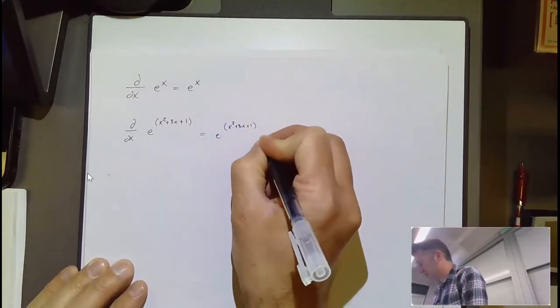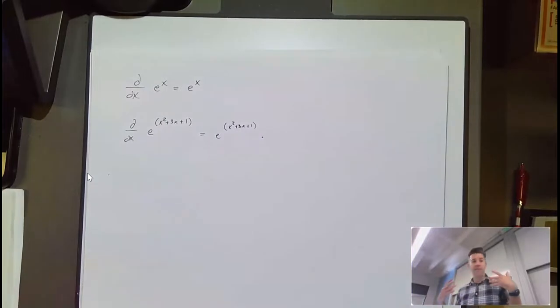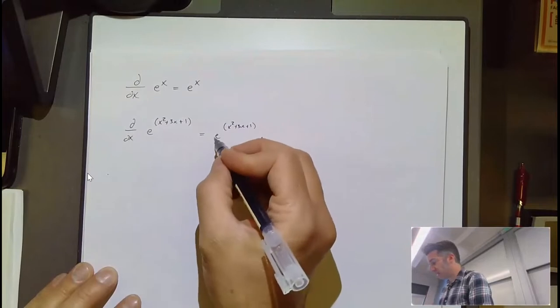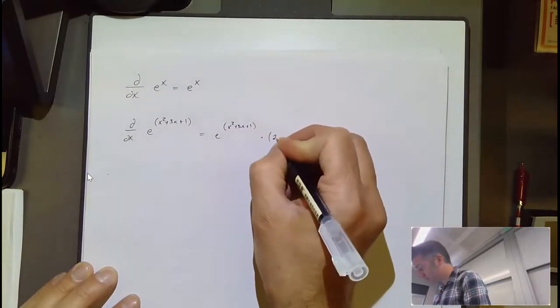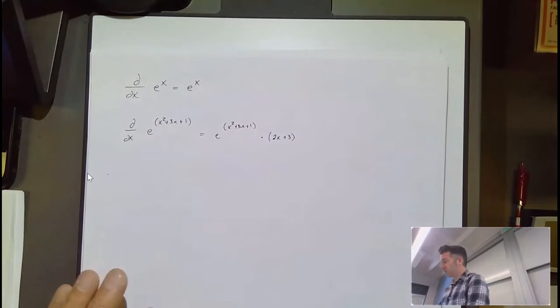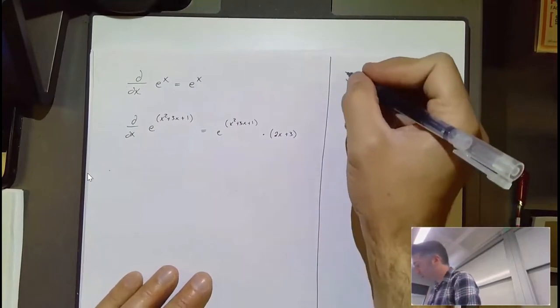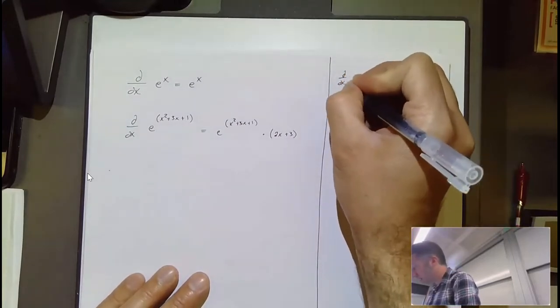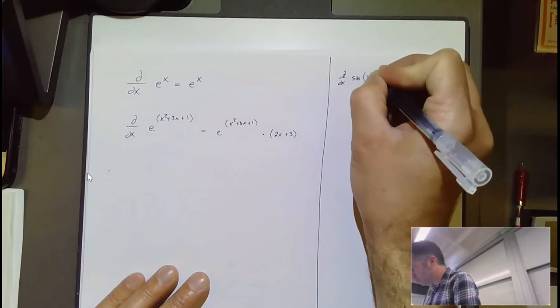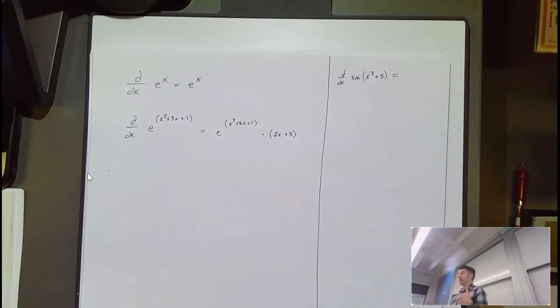But then I have to multiply by something because of the chain rule, right? When I say stuff, I'm always thinking back in my head, oh, I need to multiply by the derivative of the stuff. So the derivative of e to the stuff is going to be e to the stuff times the derivative of the stuff. It's very much the same way the chain rule works for anything else. It's the same reason that the derivative of, say, sine of x cubed plus 5 is going to be, well, I know the derivative of sine of x is what?